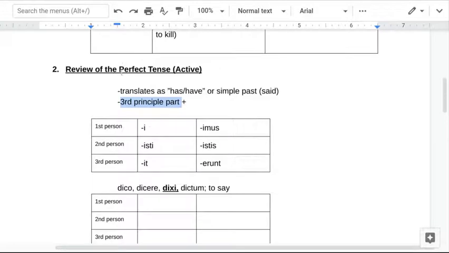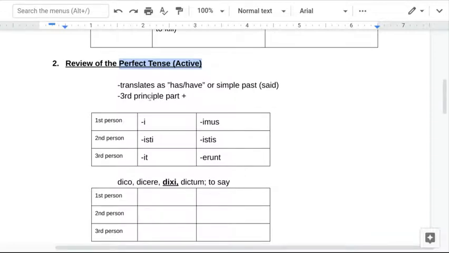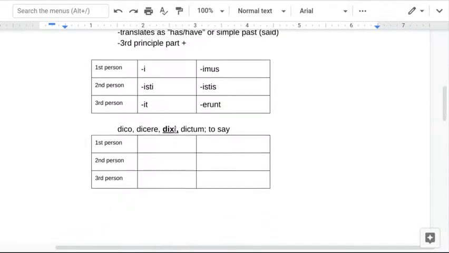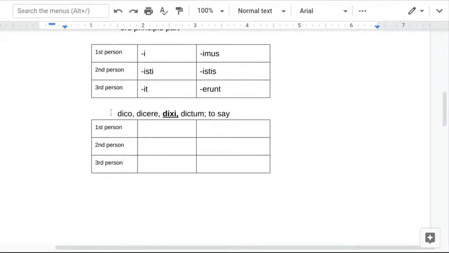And what's nice about the perfect tense is that it doesn't matter what conjugation the verb is. You just take whatever the third principal part is, and you add these endings to it. So we're going to take a look at the verb to say. A lot of indirect statements start with the verb to say, and the third principal part is dixi.